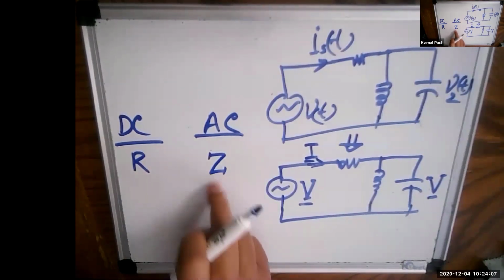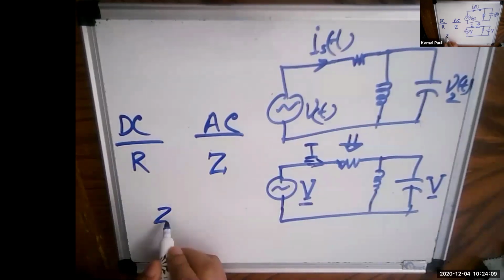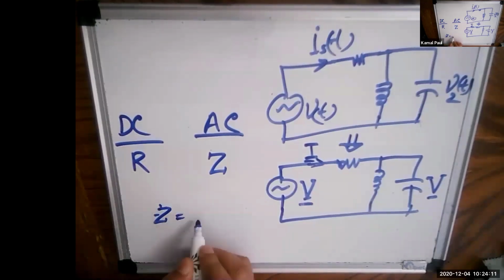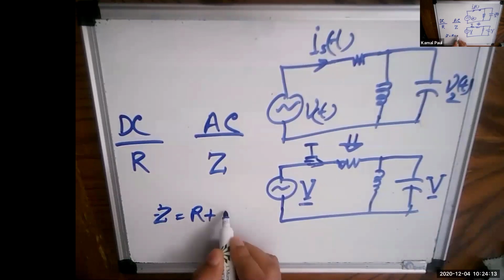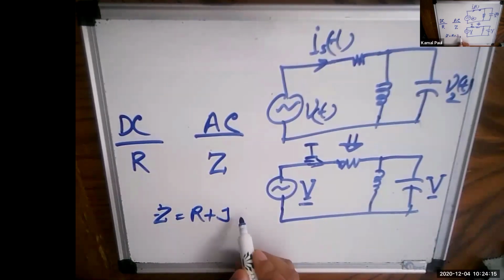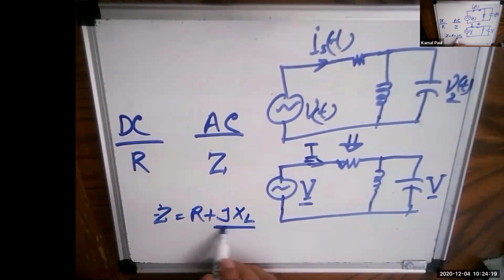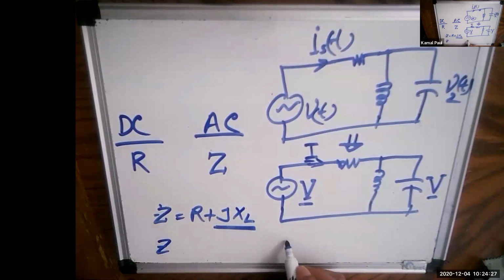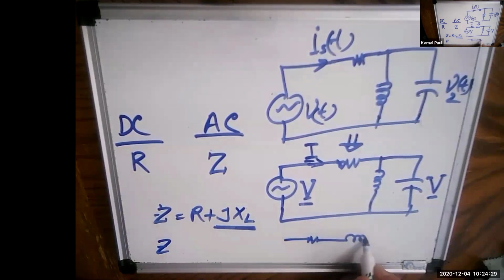And this impedance, Z, is basically a sum of resistance plus XL if it is inductive, and if it is capacitive, we call it Z equal to, for example, we have only two elements. This is a resistor and there is an inductor here.